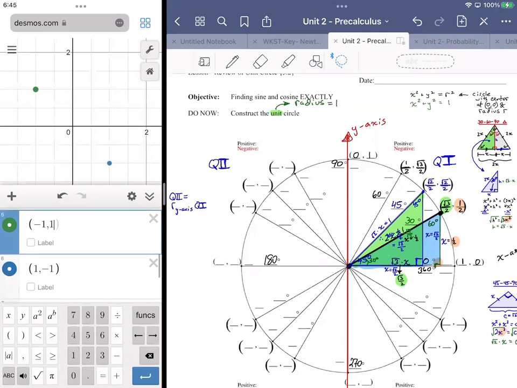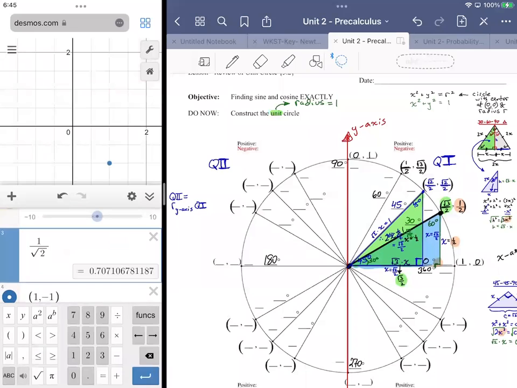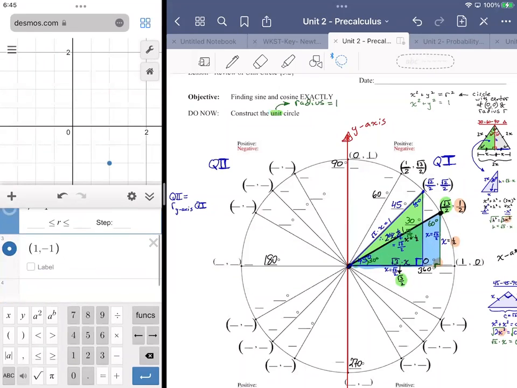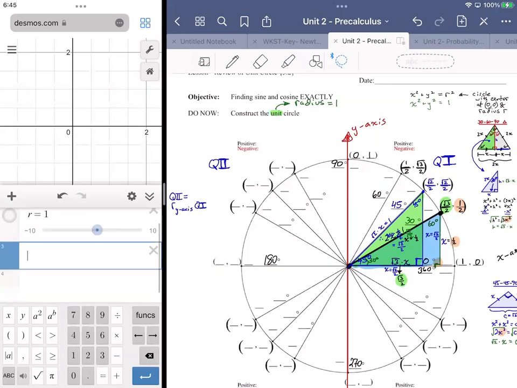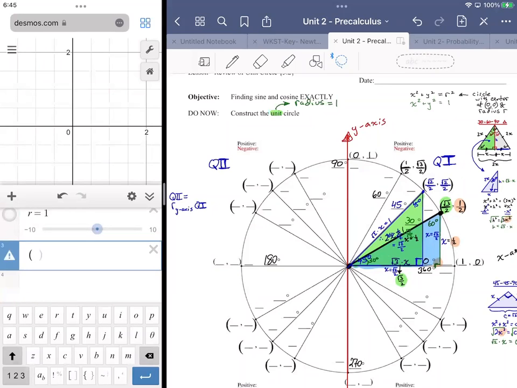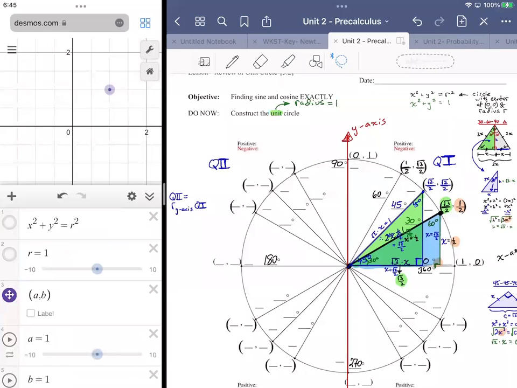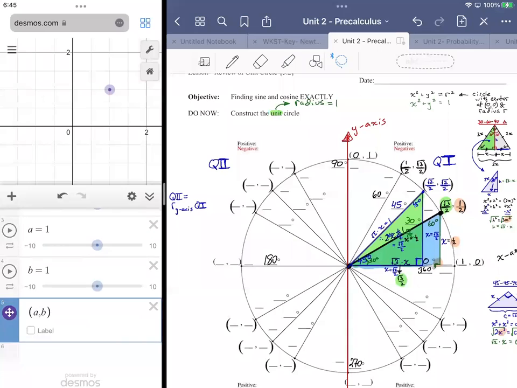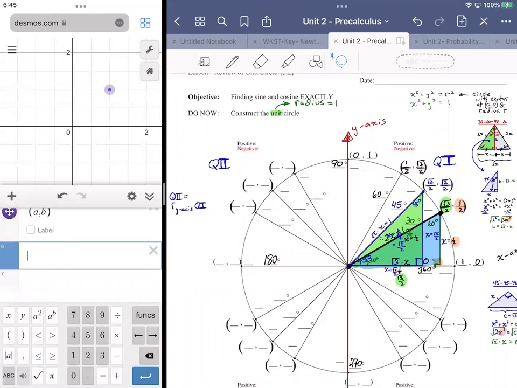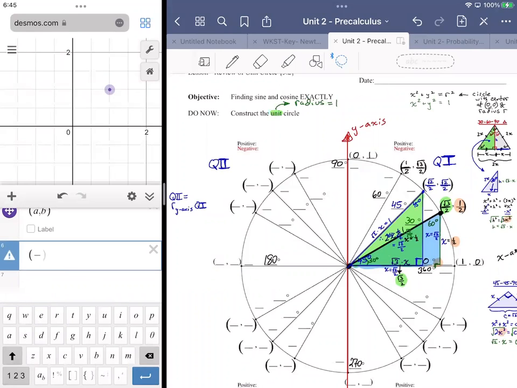Now you can do this in general terms. Show you really quickly. You take a coordinate a comma b. Create some sliders. Always comes down to sliders. So take that coordinate. If I want to reflect it over the y-axis, I negate the a value, whatever the a value is.